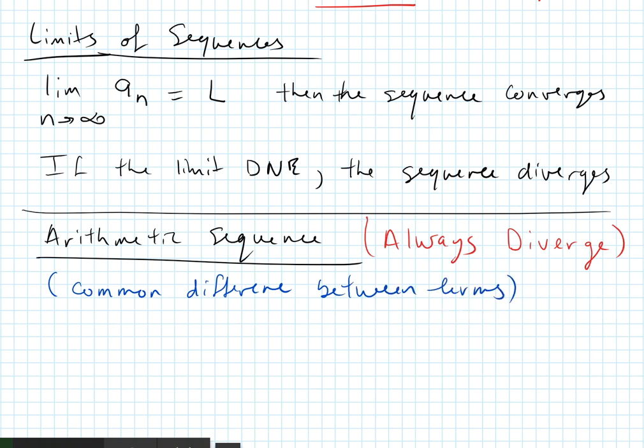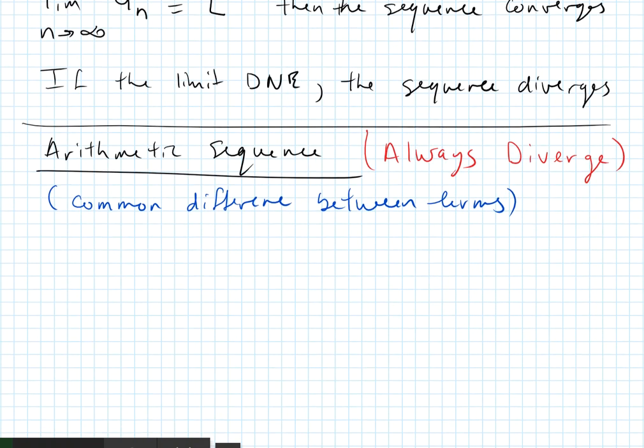Okay, what does one look like? So suppose I give you that a subscript n is equal to a subscript n minus 1 plus 5, which means I'm always adding 5 to each term, every single term. And I tell you that the first term is equal to 3.